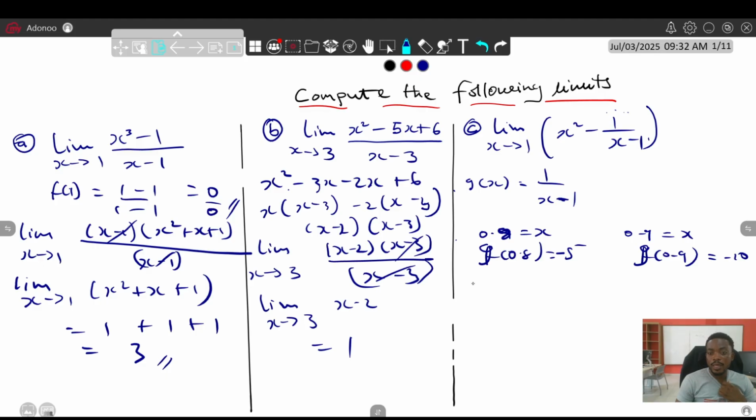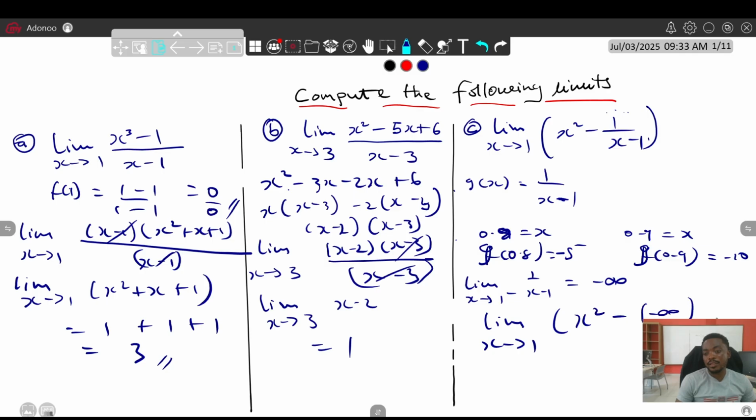Hence the limit as x approaches 1 from the left of 1 over x minus 1 is negative infinity. So if we replace negative infinity into the function, we get the limit as x approaches 1 of x squared minus infinity, hence it approaches positive infinity.